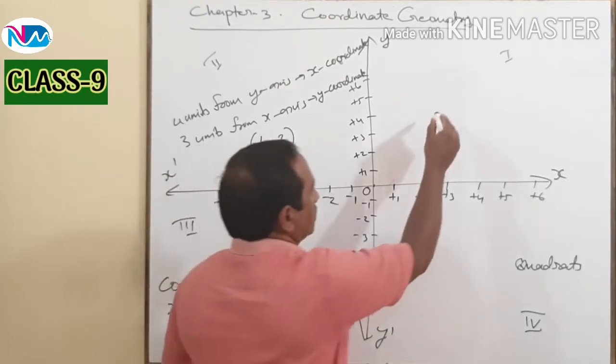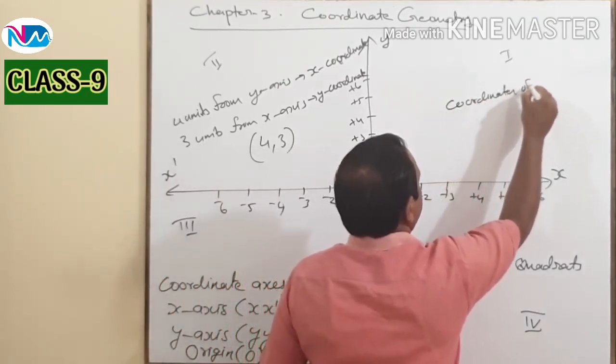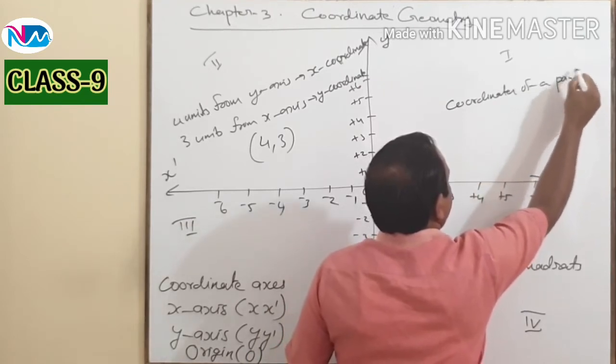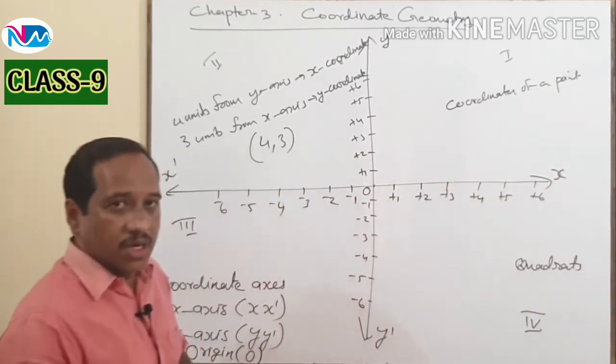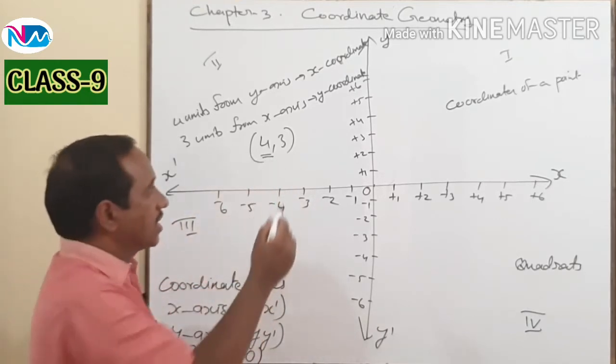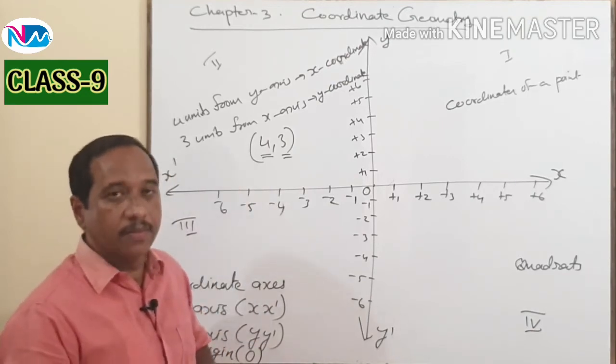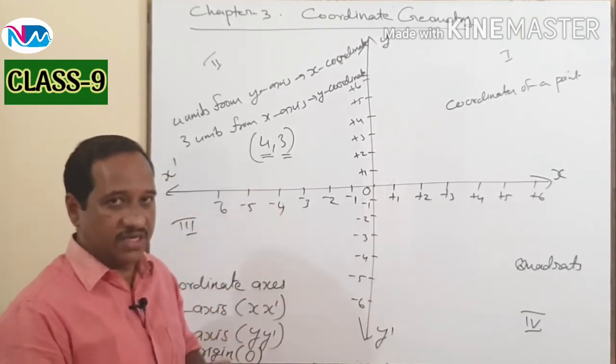Coordinates of a point means there are 2 values. First one is x coordinate, the second one is y coordinate. This is an ordered pair, means whose order cannot be changed.